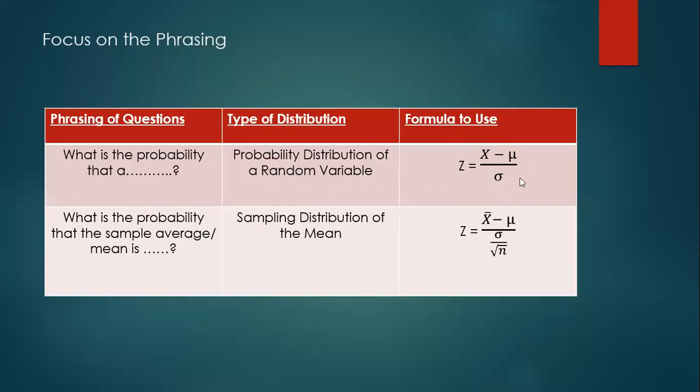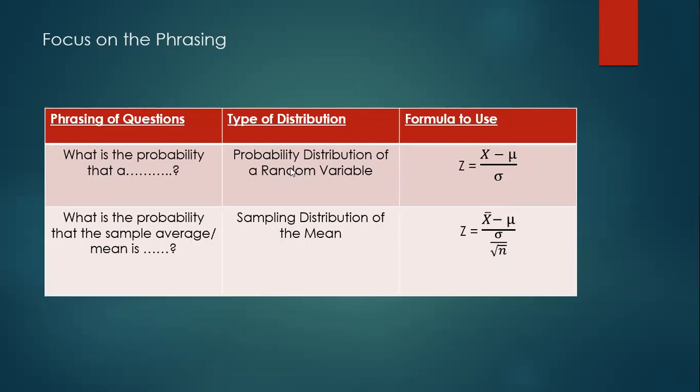If they ask what is the probability that the sample average or mean is, then this is known as the sampling distribution of the mean. And Z is equal to X bar minus mu divided by the standard deviation divided by the square root of n.